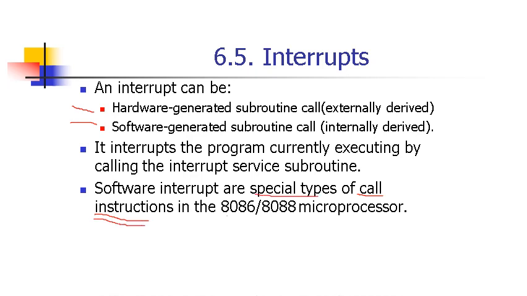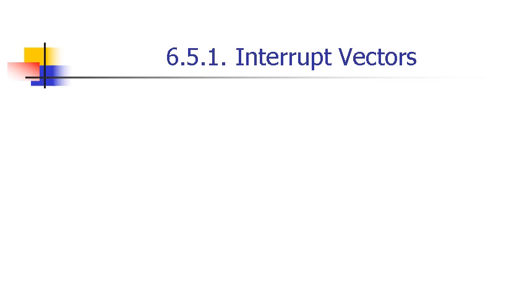This is regarding Intel's processors 8086, 8088. In calling an interrupt, we should specify what's known as an interrupt vector. So ISRs, or interrupt service routines, are called by interrupt vectors.